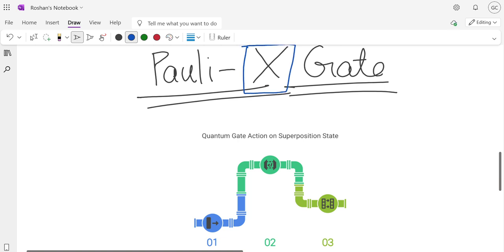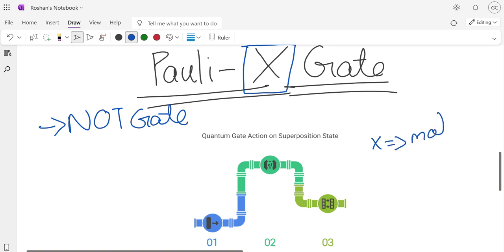Okay? The Pauli-X gate is quite similar to the NOT gate, but there is a slight difference in the representation of the X gate. Since we are working in quantum, the X gate is represented in matrix form.